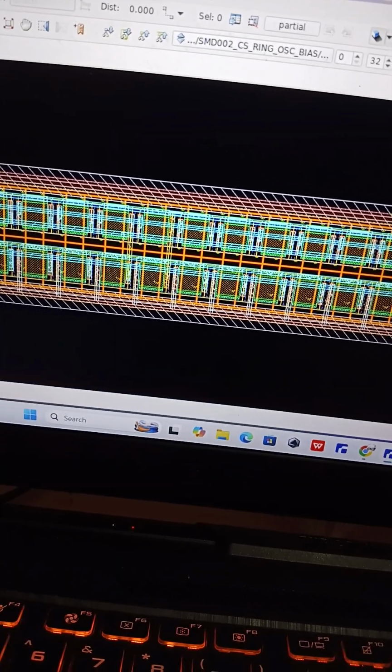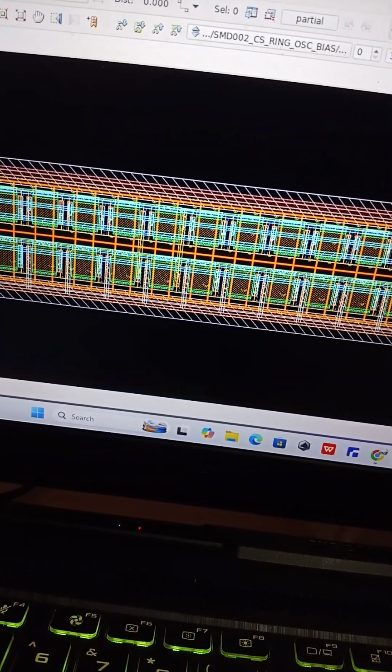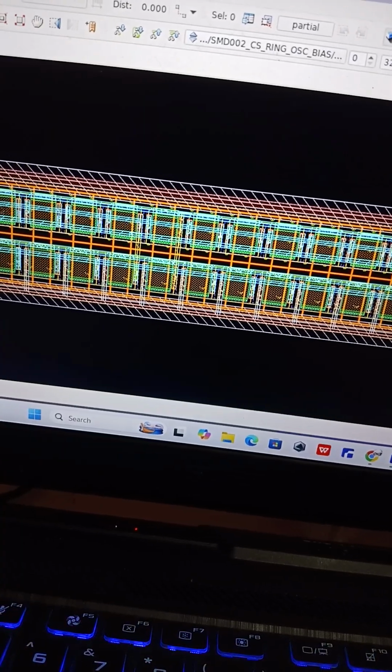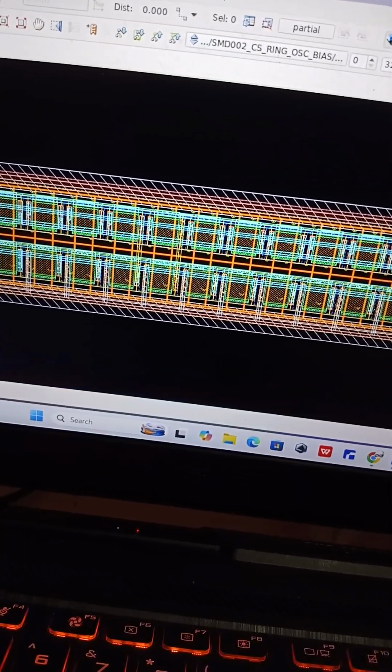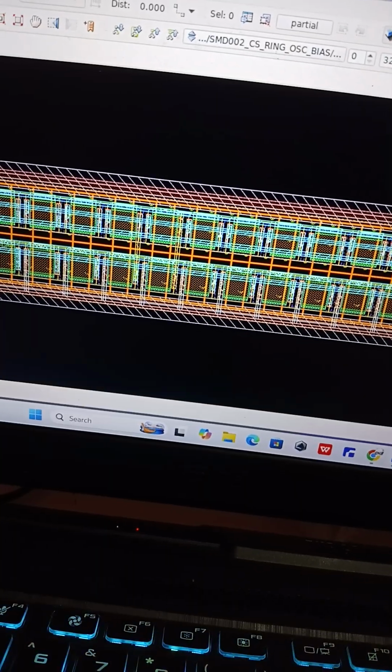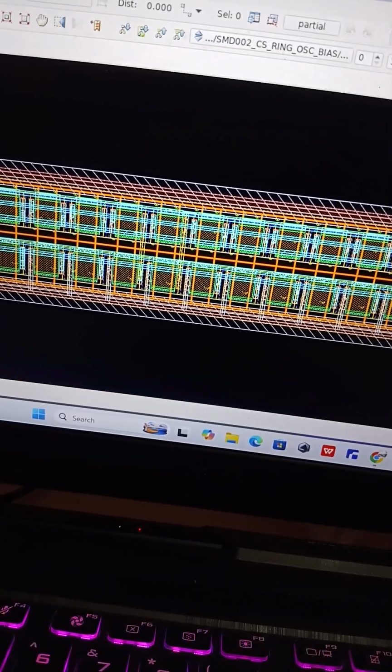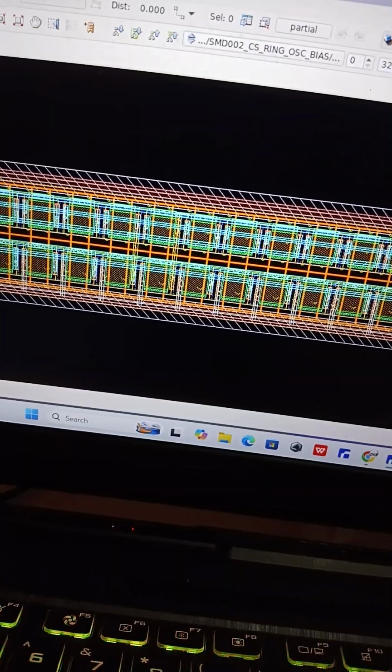This is called common centroid matching, as I already explained last time. We want to ensure that all the transistors are as similar as possible, and in order to do that, there is a specific arrangement we need to do.